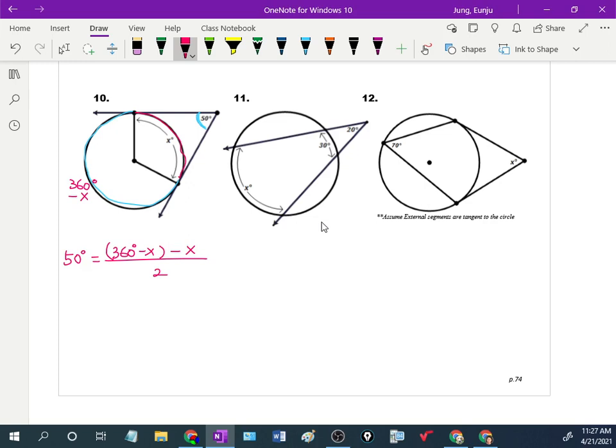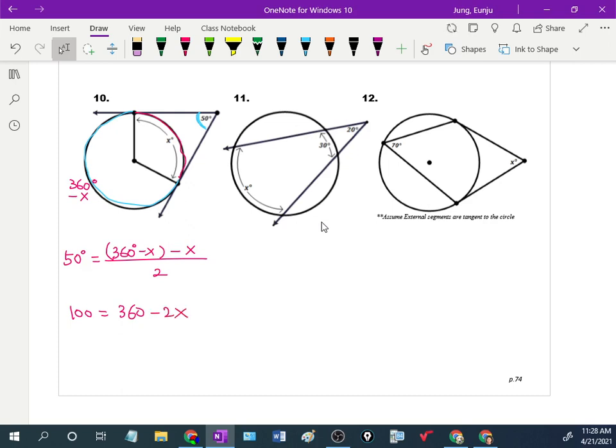We are not looking for 50. 50 is given, and I need to solve the equation. So setting up the equation is the first thing to do. Let's do algebra now, okay? Can I double both sides? Sure, 100 equals, can we simplify on the left-hand side? Yes, we can. Subtract x and subtract x, that is, subtract 2x, right?